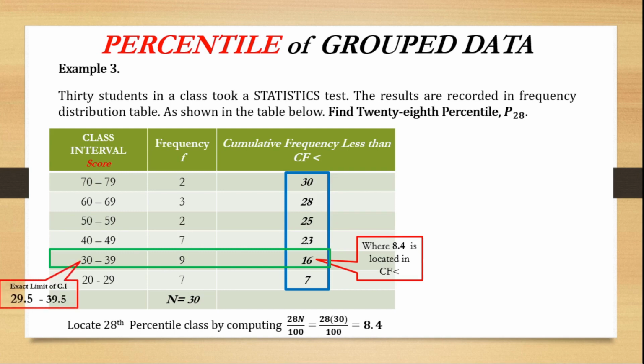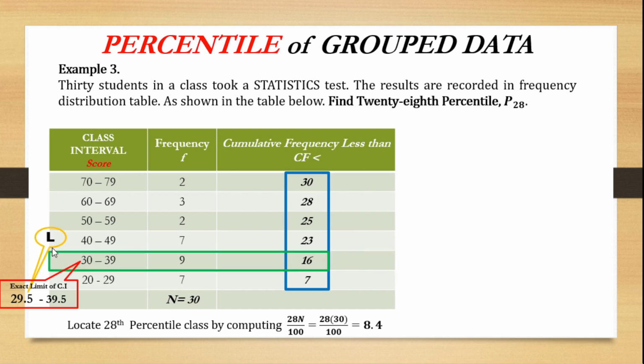Afterwards, get the exact limit of the class interval where the percentile class belongs. If we have 30 to 39, subtracting 0.5 from 30 becomes 29.5, and adding 0.5 to 39, the exact class limit of the class interval where the percentile class is located is 29.5 to 39.5. Then our L is 29.5. The frequency of the percentile class is 9, which is the Fm.